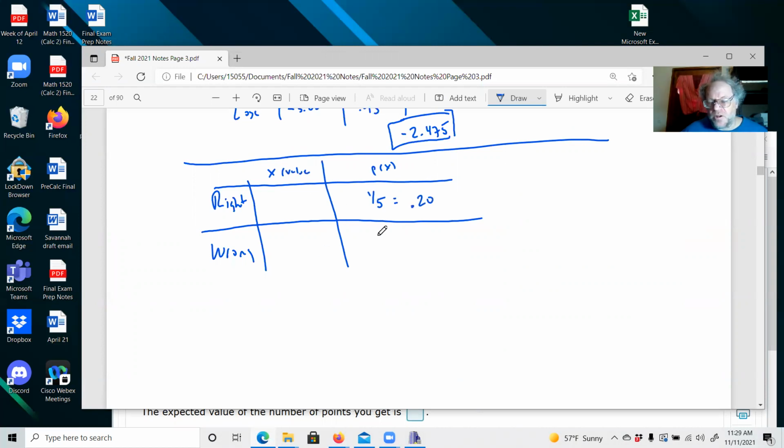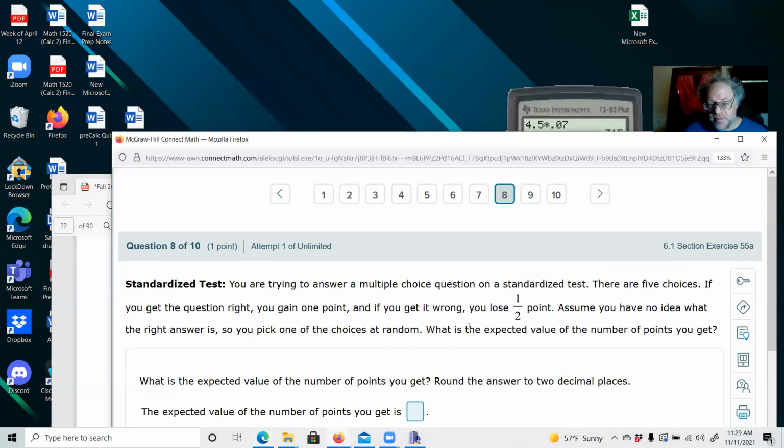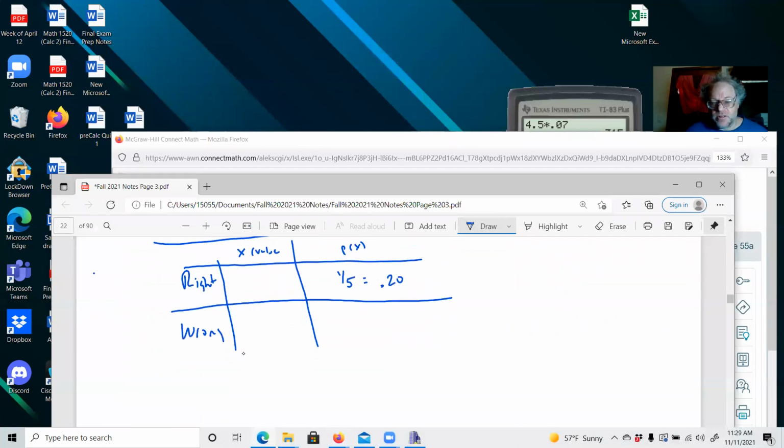For those of you who are worrying about the fractions, honestly, I do recommend going back and trying to learn a little bit about fractions, because they are a really helpful way to explain things and to do things.